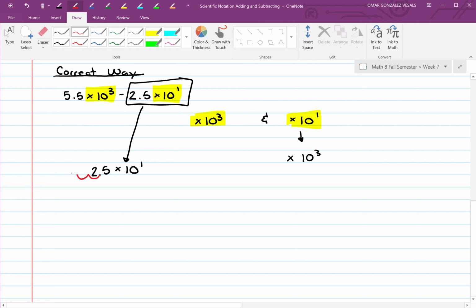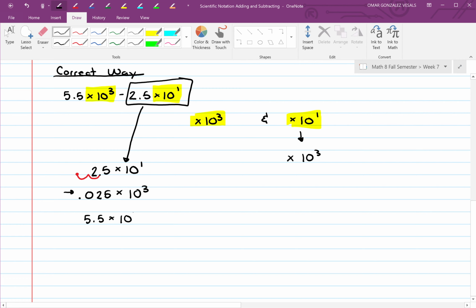I need to move it twice. Since I moved it twice, now this is going to become 0.025 times 10 to the third. Basically, however many times I move the decimal, that's what I add to my exponent. Does that make sense?